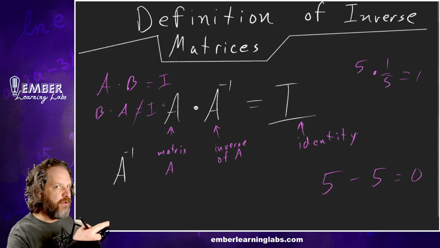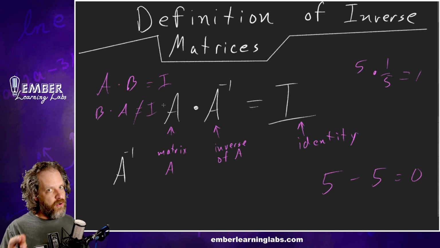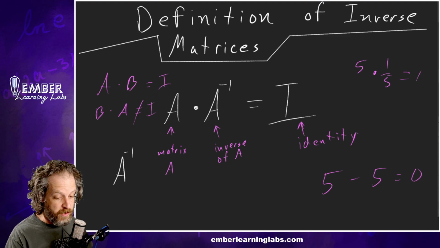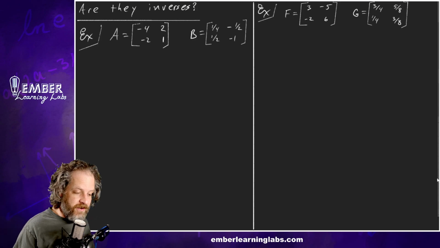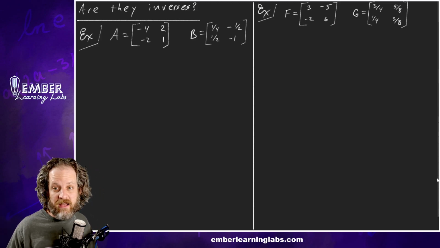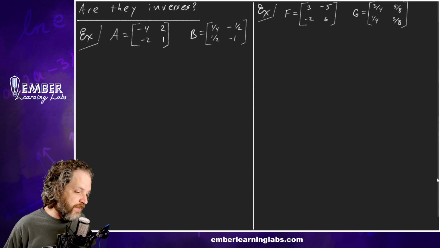It has to go both directions, because remember, when we're multiplying matrices, the order matters. So in order to test if A and B are inverses, you just multiply them, and if either order doesn't give us the identity, then they are not inverses.